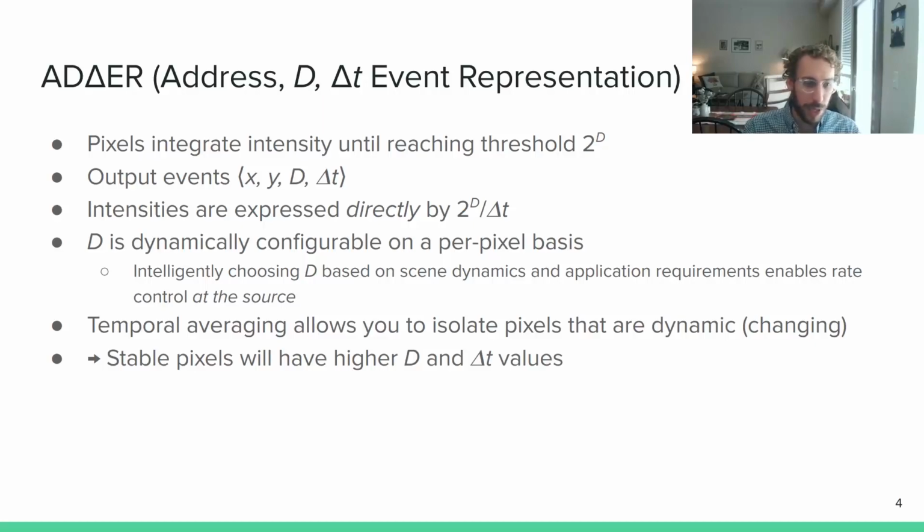Basically, if you transcode a video to this ADDER representation, then a stable pixel that isn't changing very much will have fewer events. They will output less frequently, and it will have a higher d value and higher delta t values than pixels which might be changing a lot. Where there's rapid motion in a scene, you will have more events, with lower d and delta t.